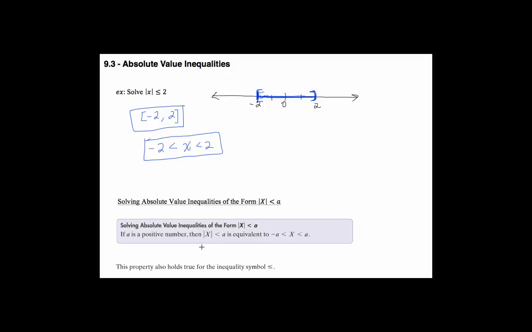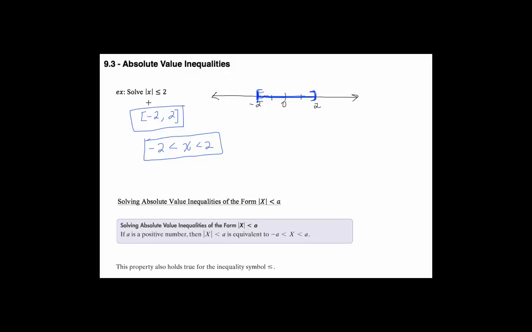If a is some positive number, such as in this case 2, then the absolute value of x is less than a is equivalent to saying that the negative of a is less than x is less than a. Now if you look, that's exactly what we wrote right here, where a is equivalent to 2, so we have -2, negative a, 2 and a, and then in the middle you have what is inside the absolute value bars, which is in this case x, so therefore x is in the middle.